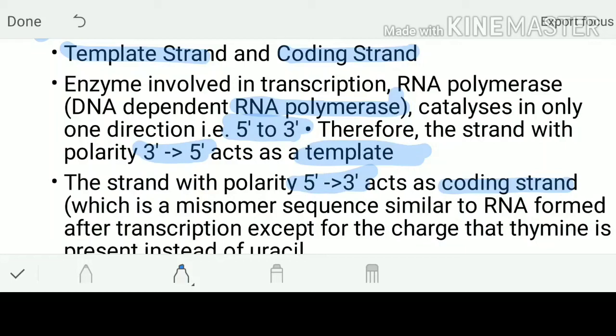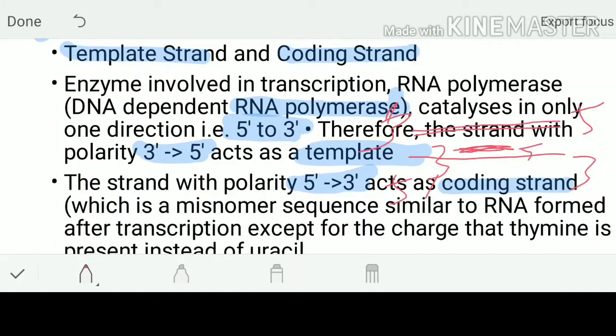If you want, I can draw this in front of you. Here I have 3', and here 5'. Ultimately here I will have 3' and here 5'. So here I will be forming my mRNA molecule, because this will be 5' to 3', exactly complementary to this.